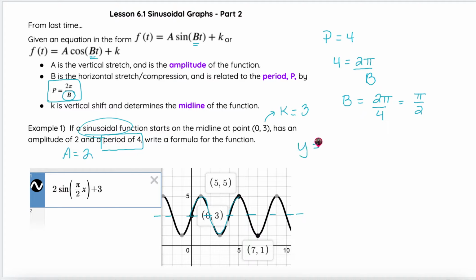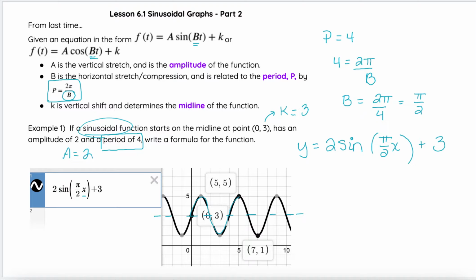Y is equal to a, which we found was 2. It told us that. Sine of pi over 2, we'll say x. You could put t if you wanted to. It doesn't matter. But if you're checking using Desmos, which I highly recommend we do, we know that it needs the x part. And then our k value of 3.